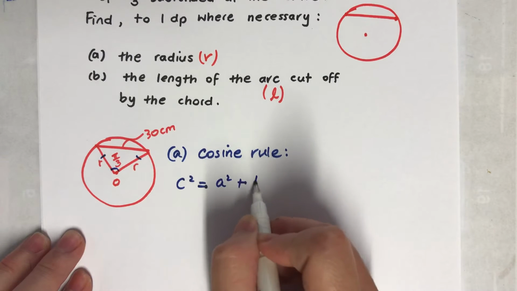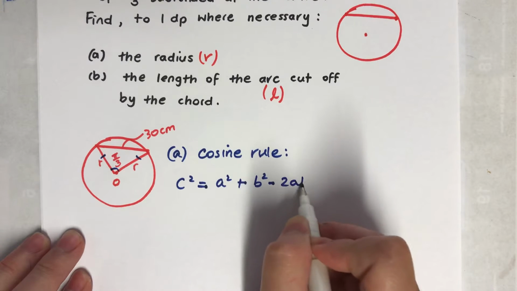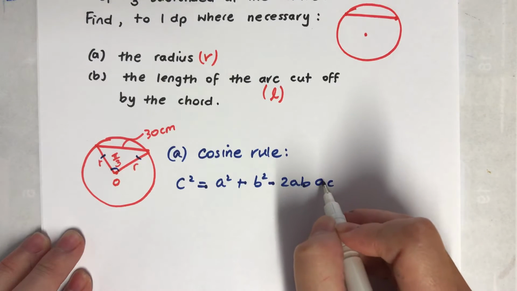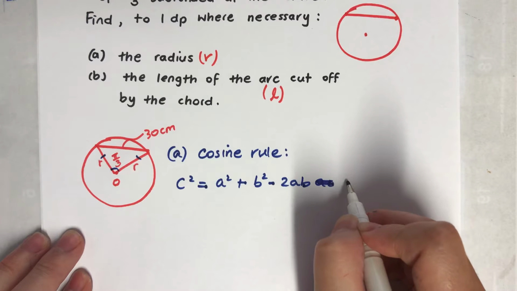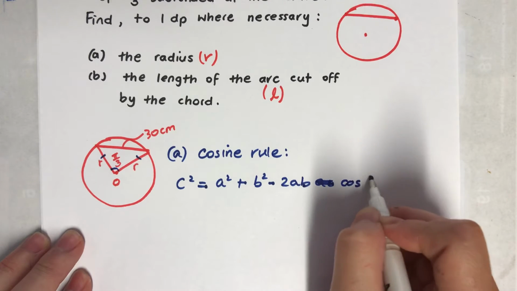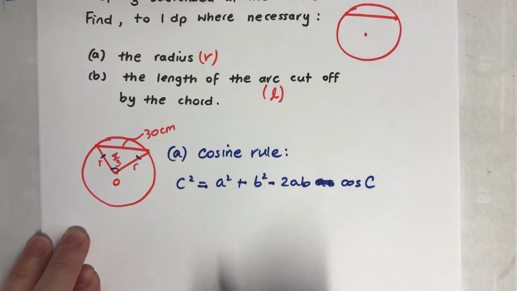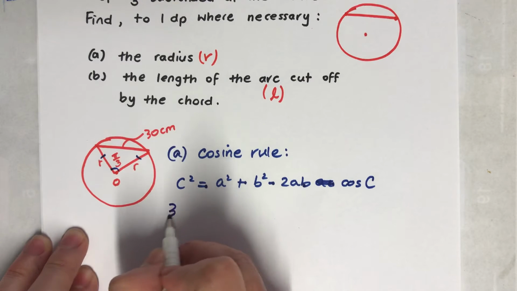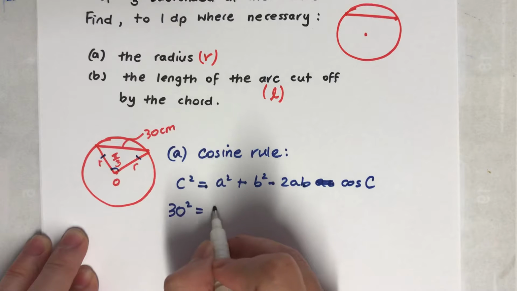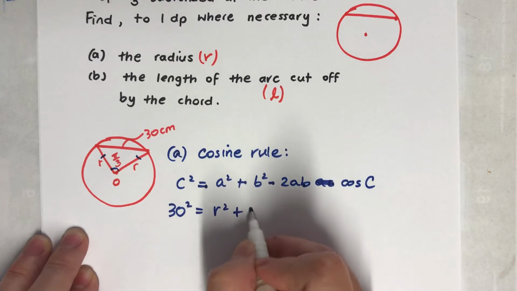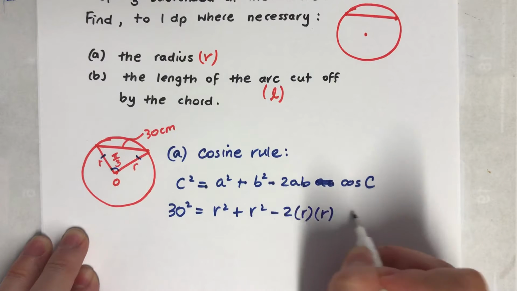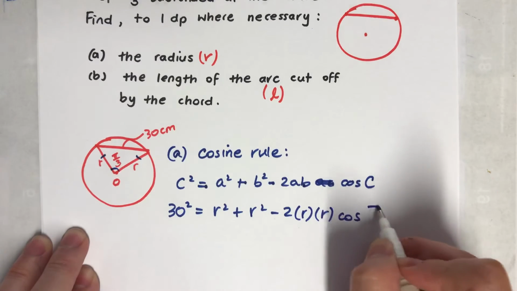That's my dog. No, got confused because my dog's barking. c squared equals a squared plus b squared minus 2ab cos C. So what I'm going to do here is, c is 30, and a and b are r, so r squared plus r squared minus 2 r times r times cos pi over 3.